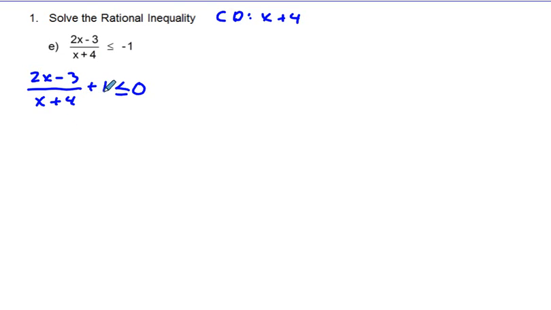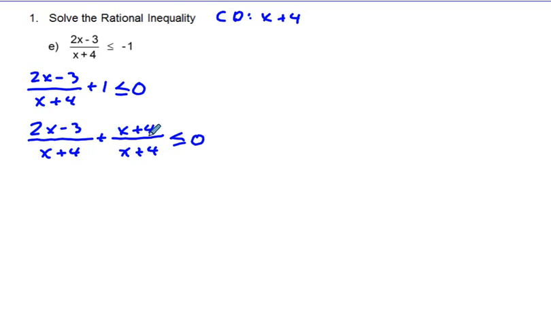Okay, what we have to get our common denominator x plus 4, I'm just going to rewrite this (2x minus 3) over (x plus 4). We have to multiply our denominator by x plus 4 to get our common denominator, and likewise we have to do the same in the numerator. So we replace this 1 with (x plus 4) over (x plus 4).